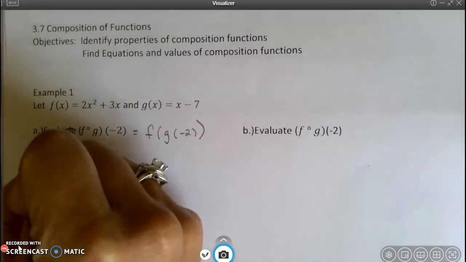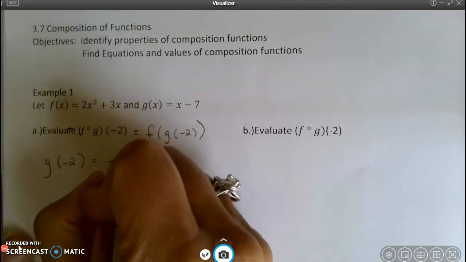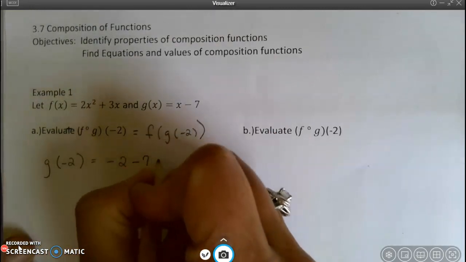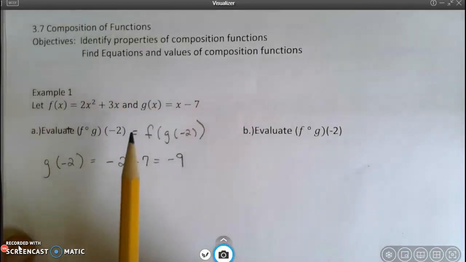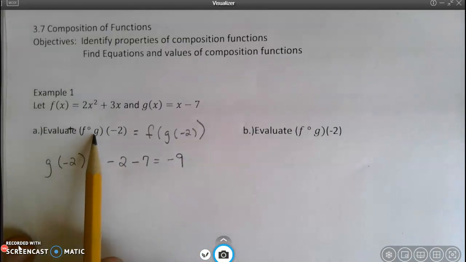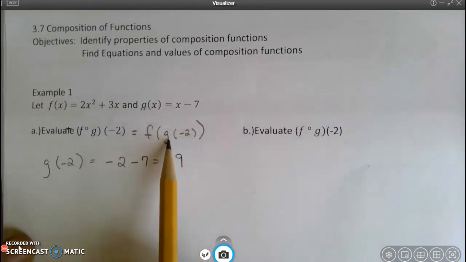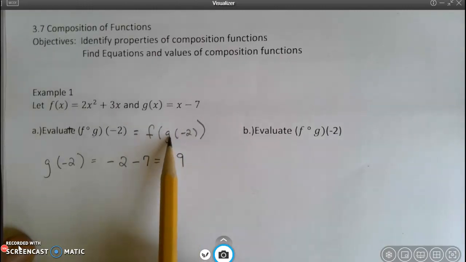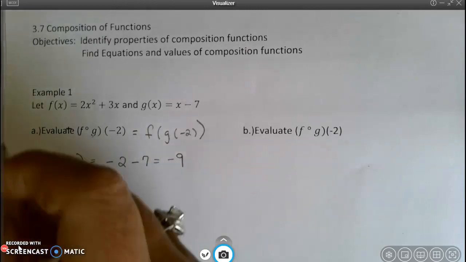And of course, we always work from the inside of the parentheses out. So I'm going to start by calculating g at -2, which would be -2 minus 7, or -9. So again, first I put the -2 into the g. Notice I wrote it in parenthesis notation. Now I'm going to take that answer and put it into the f.